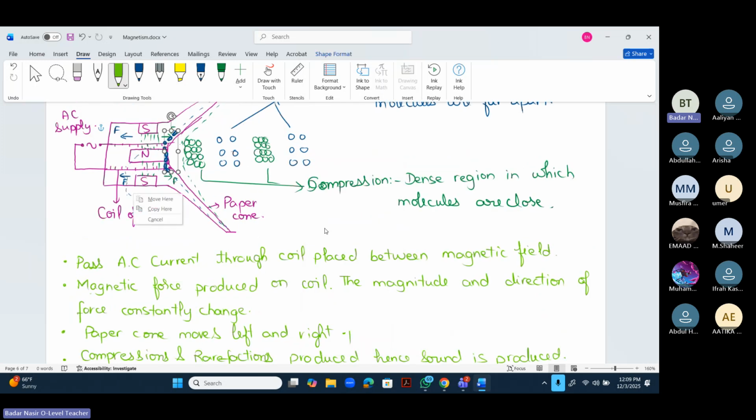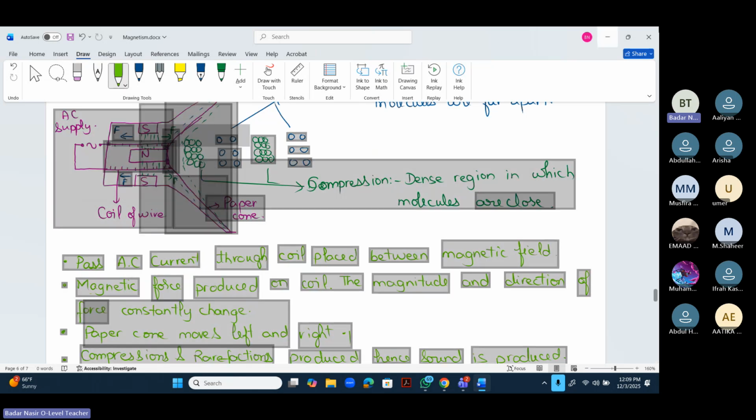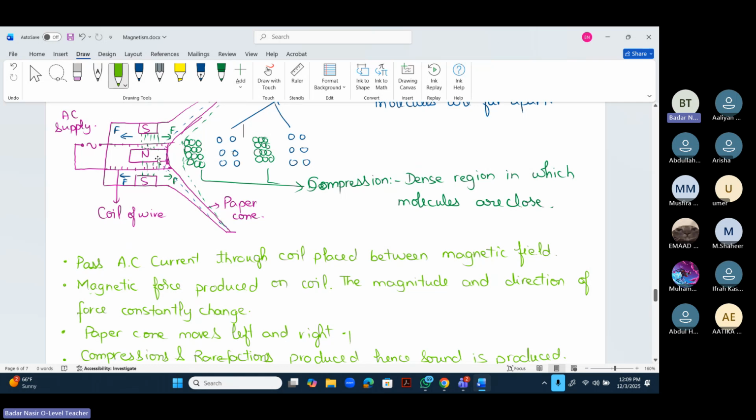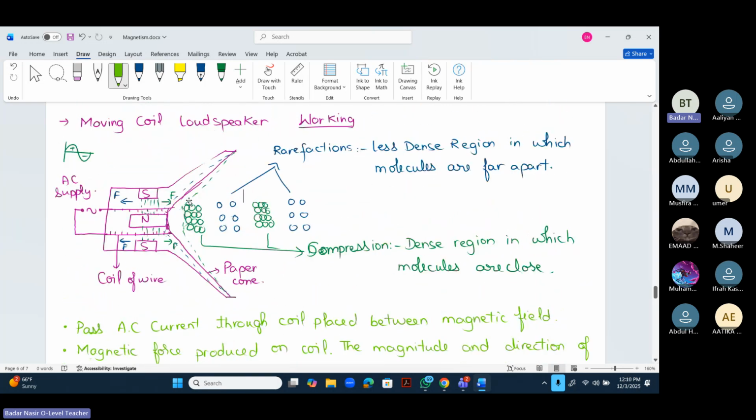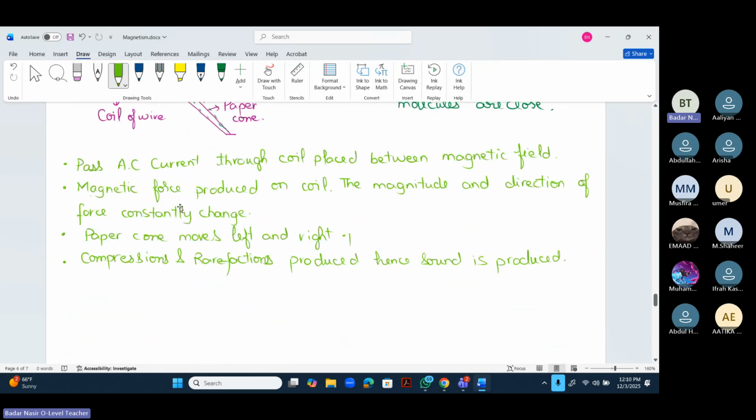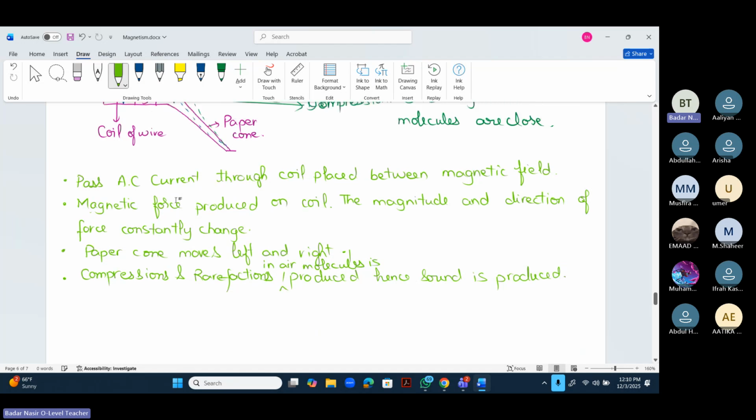आप AC करंट देते हो कॉइल्स में, कॉइल जो है वो मैग्नेटिक फील्ड में प्लेस्ड है, उससे क्या होगा, उससे आपके पास मैग्नेटिक फोर्स प्रोड्यूस होगी। फोर्स का मैग्नीट्यूड और डायरेक्शन कॉन्स्टेंटली चेंज होता है क्योंकि इट इज एन AC करंट, और उससे यह है कि जो पेपर कोन है वो लेफ्ट एंड राइट मूव करेगा, जिससे कंप्रेशंस और रेयरफैक्शंस प्रोड्यूस होंगे इन द एयर मॉलिक्यूल्स। कंप्रेशंस एंड रेयरफैक्शंस इन एयर मॉलिक्यूल्स is produced, hence the sound is produced.